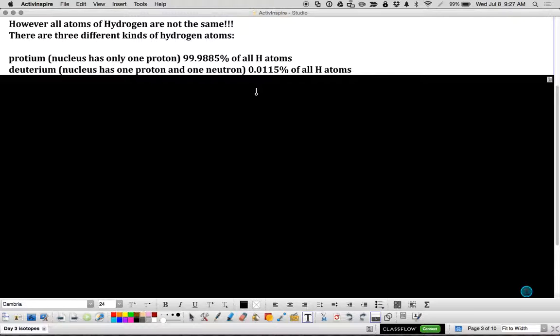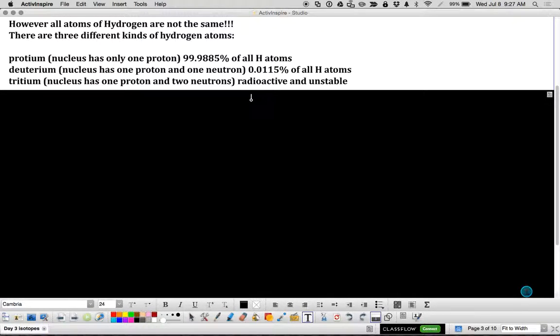I said that there was a third one, but the third one makes up such a small fraction that it doesn't even show up out to 5 sig figs. Tritium: the nucleus has 1 proton and 2 neutrons, and the addition of that extra neutron makes it unstable, and it's radioactive, meaning it decomposes into something else.